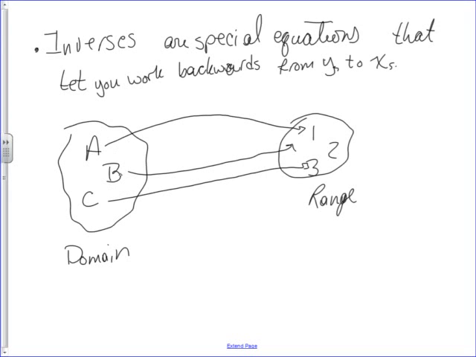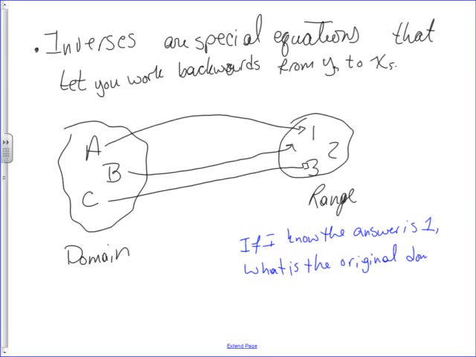Well, we have to ask ourselves, if I know that the answer is 1, what is the original domain value? Okay, I'm going to write that down. If I know the answer is 1, what is the original domain value?